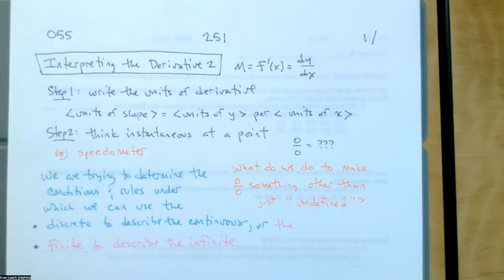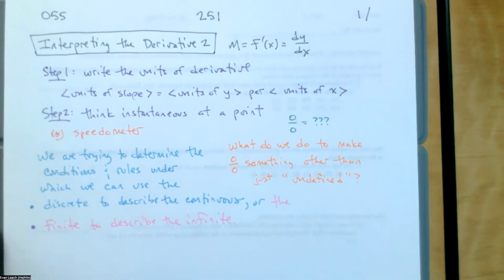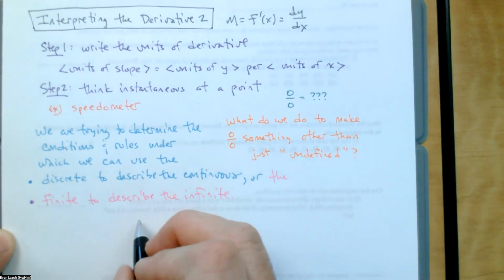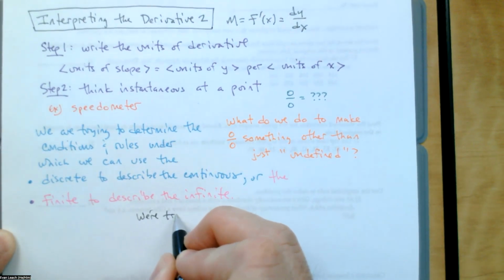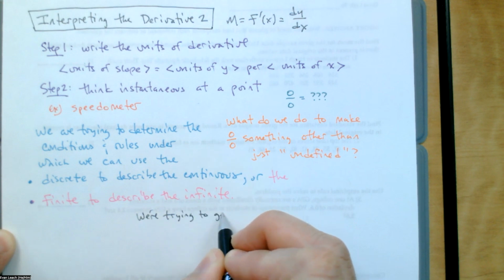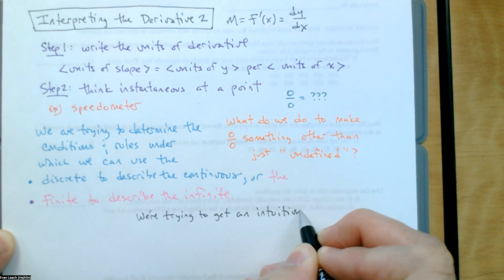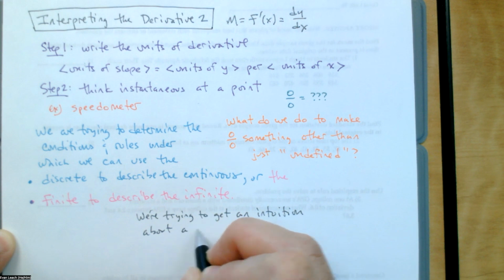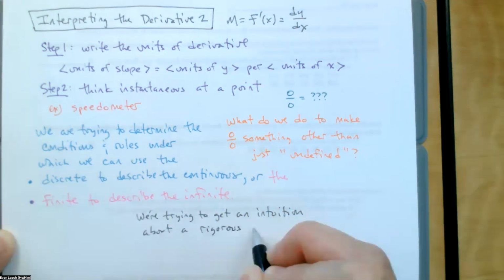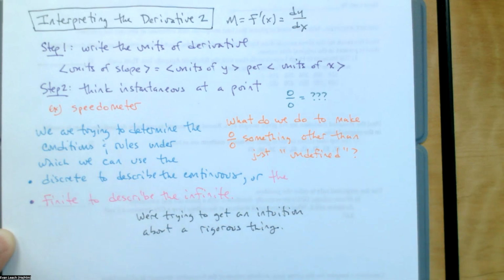This rigorous thing that we have to have rules for and conditions for, we're still just trying to get a feel for this rigorous thing. We're trying to develop an intuition for this rigorous thing.